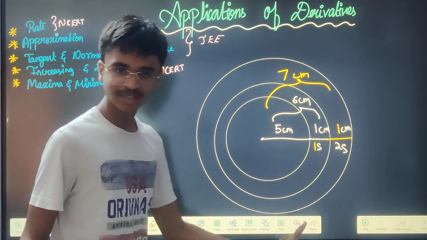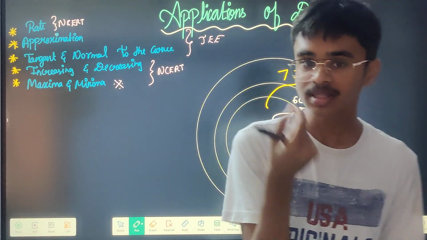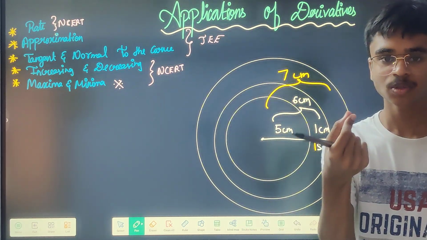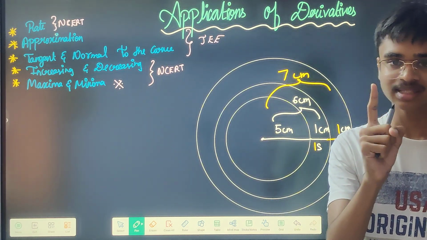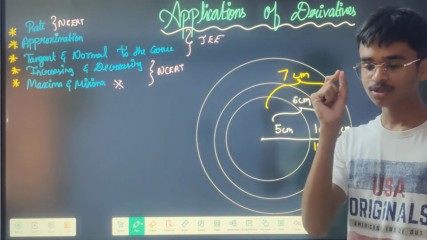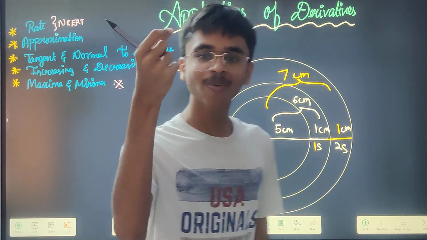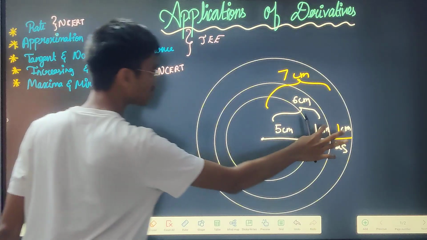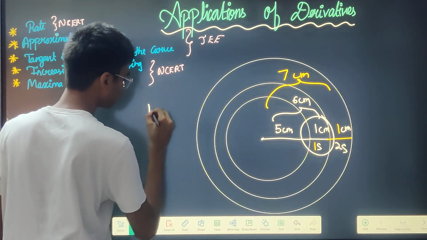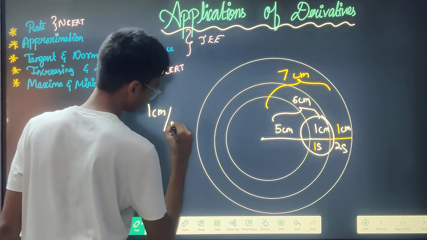So how will you represent this? It is growing 1 centimeter per second. So that means the radius is being increased 1 centimeter for a second. Per second this much length of radius is being increased. So you will be representing this as 1 centimeter per second.